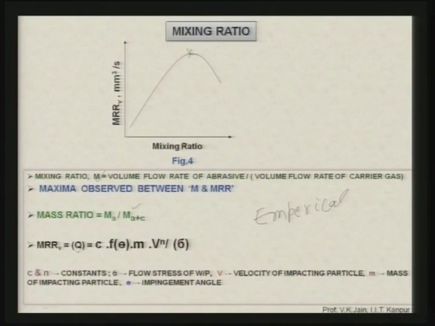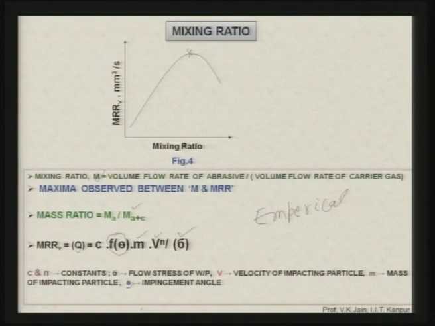C and n are the constants, sigma is the flow stress of the workpiece material, v is the velocity of the impacting abrasive particle, and m is the mass of the impacting particle. Theta is the impingement angle, and this is not exactly theta, there is some function of theta which will affect the volumetric material removal rate.